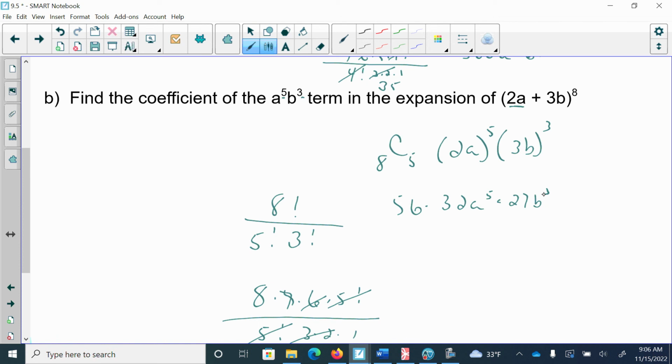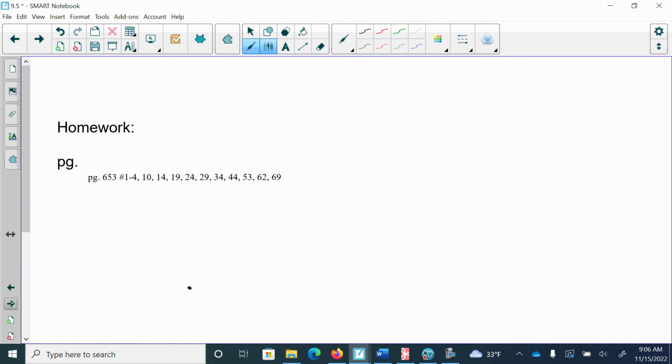And then I'm going to multiply the coefficients, the numbers, the 56 times the 32 times the 27. And when I do that, I get 48,384, a to the 5th, b to the 3rd. This question is just asking me to find the coefficient. So technically, this is 48,384. And there's your homework. I hope this video helps, and I'll see you next time.